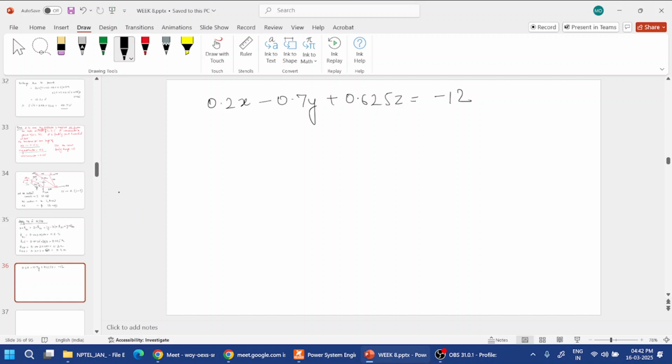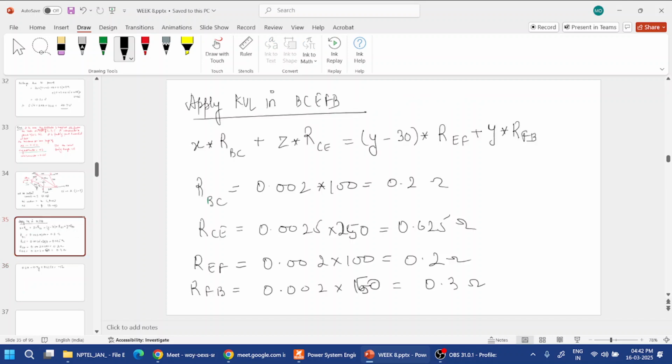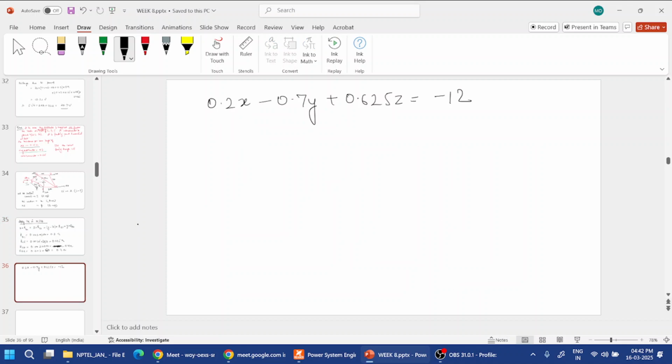I think it is correct if we put in these values. 30 into 0.3... yes, 0.2. Just a second. One thing, REF is 200. That's why it's problematic. So this value is 0.4. That's why 12 will come over here. Okay, I think this equation is correct.